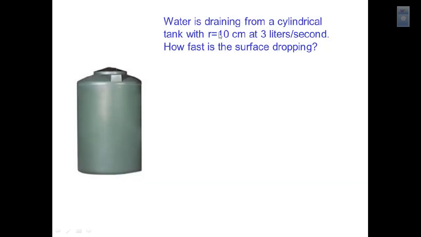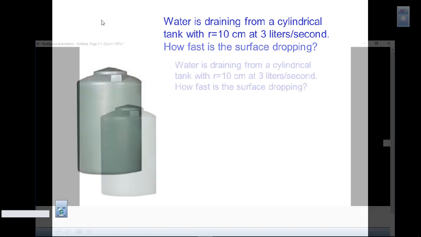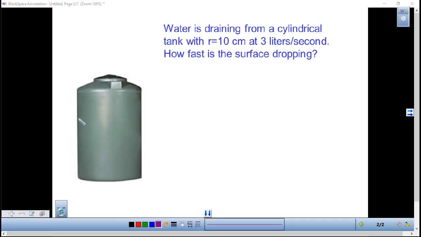Alright, so let's look at another example. Water is draining from a cylindrical tank with a radius of 10 centimeters at 3 liters per second. How fast is the surface dropping? So what we're looking at here is there's water in this tank, and let's say that's the level that it's in.